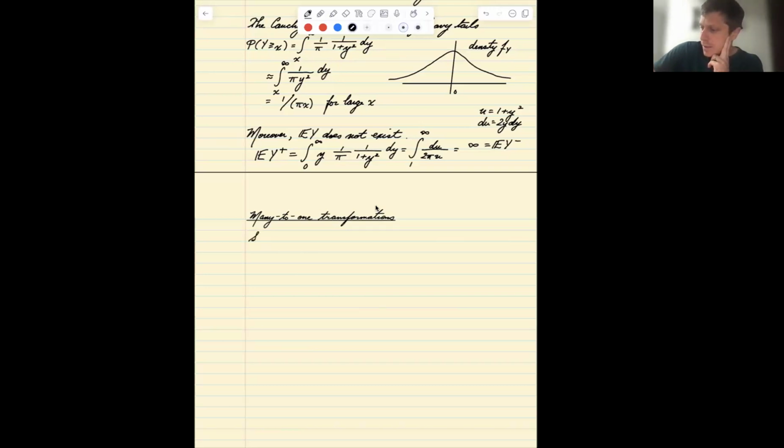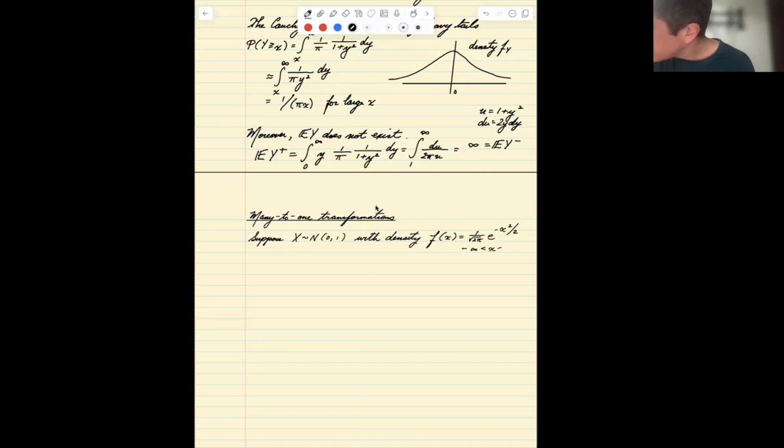Let's suppose that x is standard normal (0, 1), and so it has a density which is 1 over square root 2 pi e to the minus x squared over 2, for all real numbers. And let's define y to be x squared.